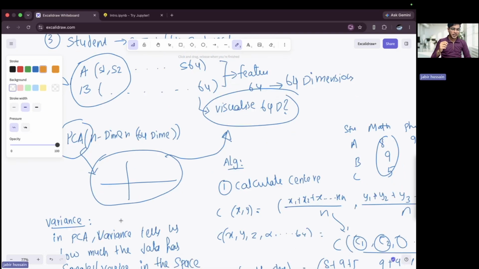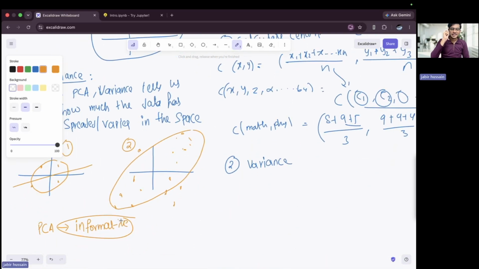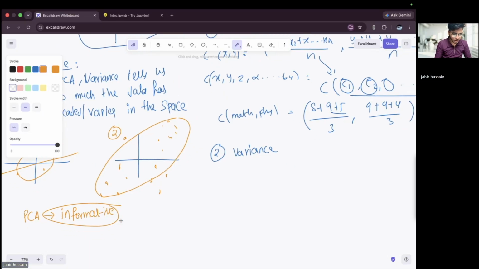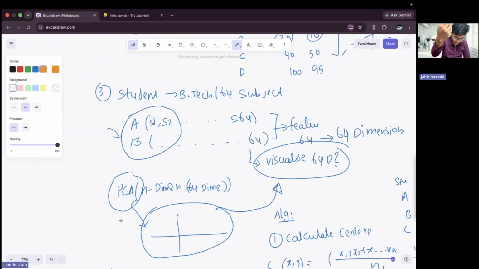So variance is the most important parameter which tells you how much the data has spread in that particular dimension. Based on the spread only, based on the variance only, you can tell which data is important and which is not. For example, in our problem statement, I'm going back.